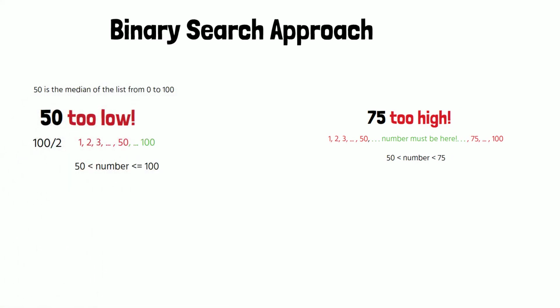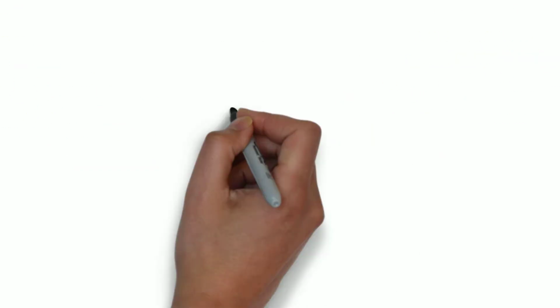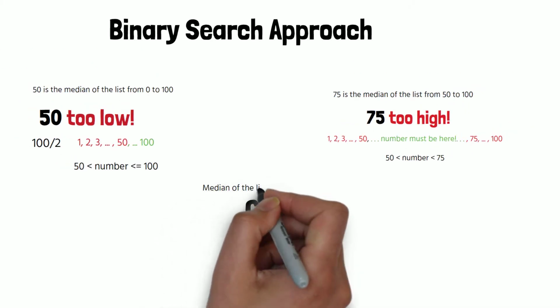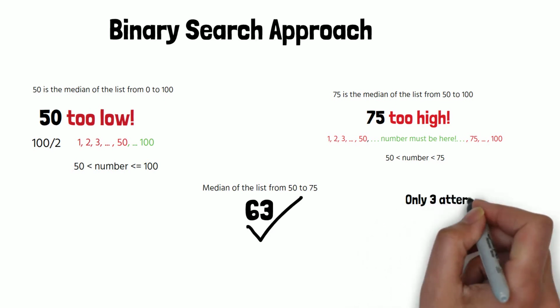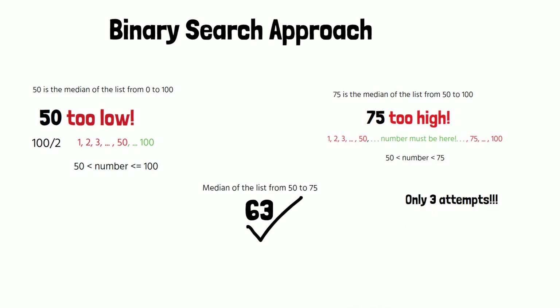With binary search, you guess the middle number and eliminate half the remaining numbers every time. Alright, so our next guess is 63, which is halfway between 50 and 75. And you guessed the number. And guess what? This only took us 3 attempts rather than 63 attempts if we did linear search.